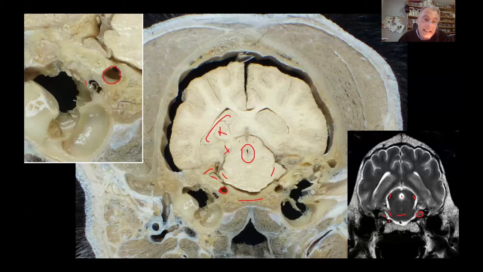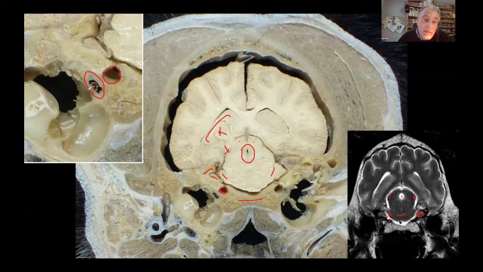And here, this is something I want to show you. It's very interesting because we have the carotid canal with the internal carotid artery. And remember, around the internal carotid artery, we have postganglionic sympathetic nerve fibers coming from the cranial cervical ganglion.